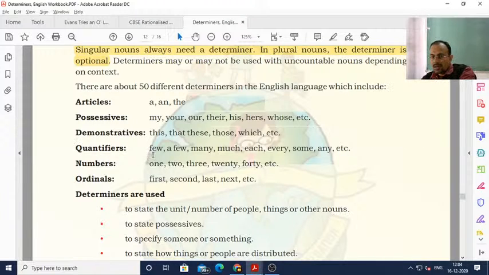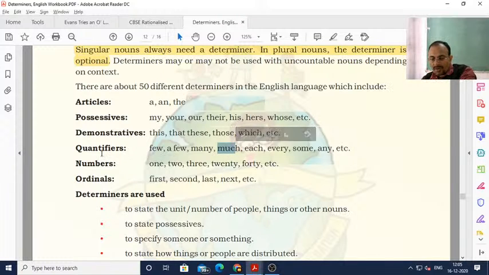Among these quantifiers, there are some which can be counted and some which cannot be counted. Like there are few boys there, there are a few girls there, countable. But when you say much, he has much knowledge, he has much courage, it is uncountable.